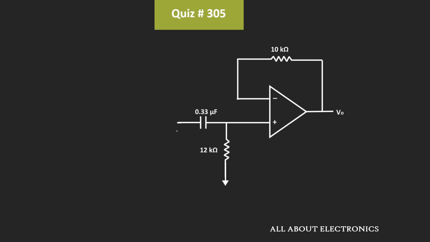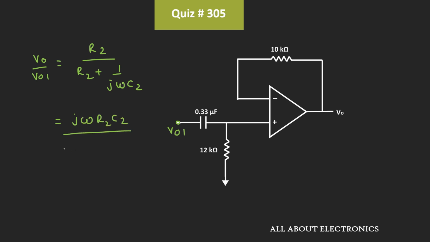So similarly, let us find the transfer function of this high pass filter. So the input to this high pass filter will be equal to VO1. So here this Vout divided by VO1 will be equal to R2 divided by R2 plus 1 divided by j omega times C2, that is equal to j times omega times R2 times C2 divided by 1 plus j times omega times R2 times C2.